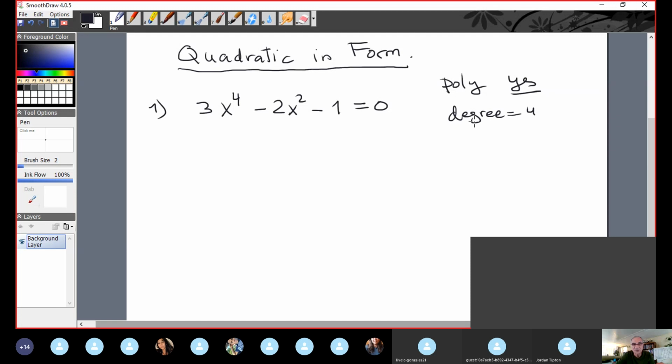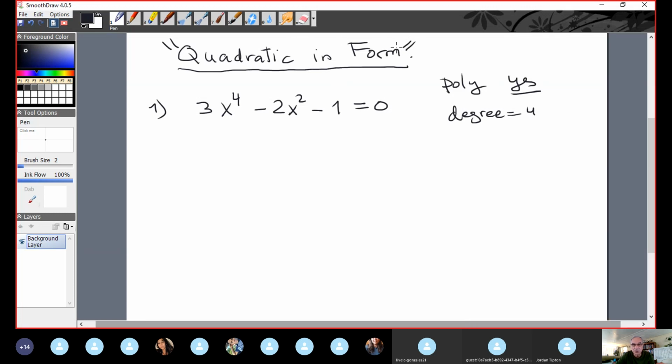However, this equation is more. You can identify it as quadratic in form. What is the clue to identify quadratic in form? The reason is that we have 2 exponents. The first exponent is 4, the second is 2.